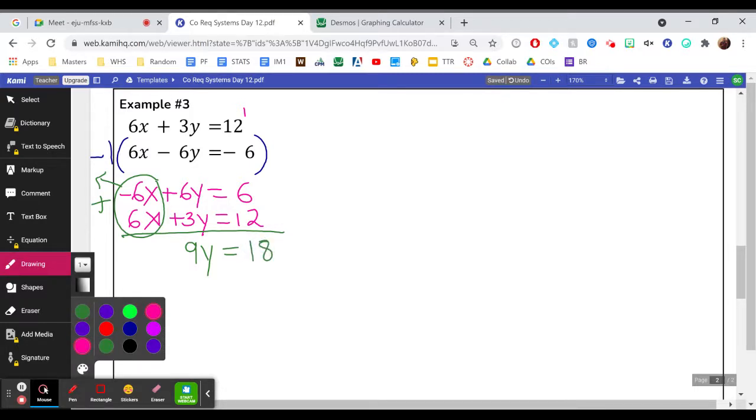Okay, so next step, I want y by itself, so I'm going to divide both sides by 9. I know that 9 divided by 9 is a 1, so I don't have to write that. I just write y is equal to 2. Okay, and I have the value of y. Now let's solve for x.